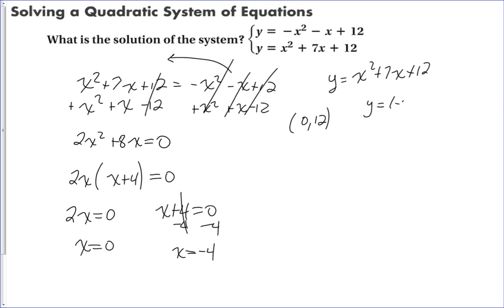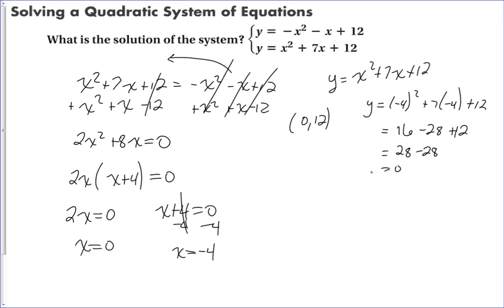y equals negative 4 squared plus 7 times negative 4 plus 12. Well, negative 4 squared is 16, and then this is minus 28, and then this is plus 12. Well, 16 and 12 equals 28, and then you have the minus 28.